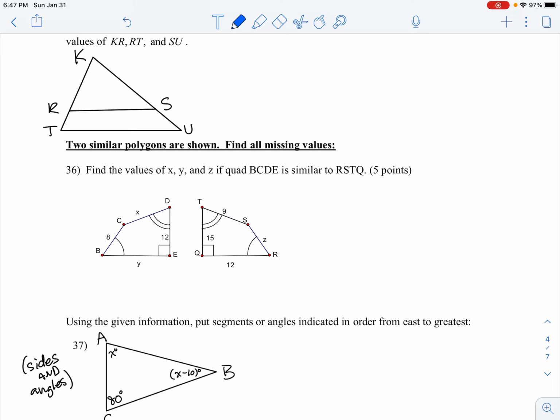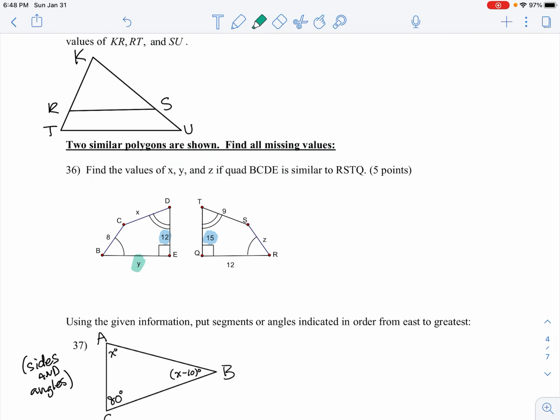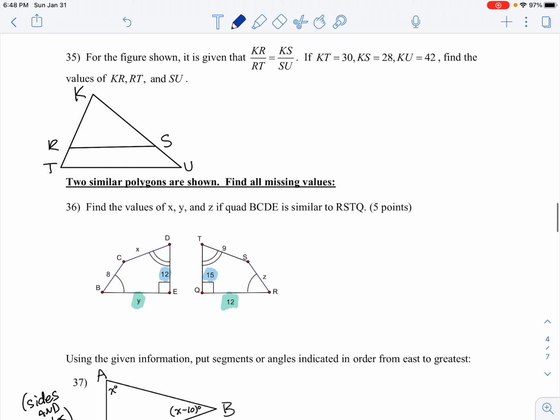Like here, let's highlight our information. Well, 12 and 15 are both in between the 2 hash and the right angle. And then in another color, maybe have y and 12. And then you can set up a whole bunch of different proportions to solve for y here. So I think this is getting at what you're saying, maybe like 35 instead. But hopefully this answers it, just let me know if it doesn't.